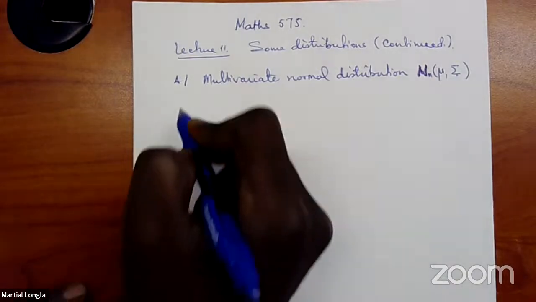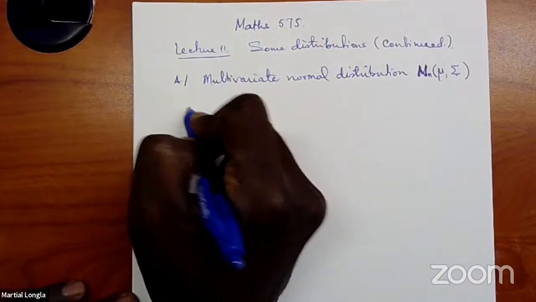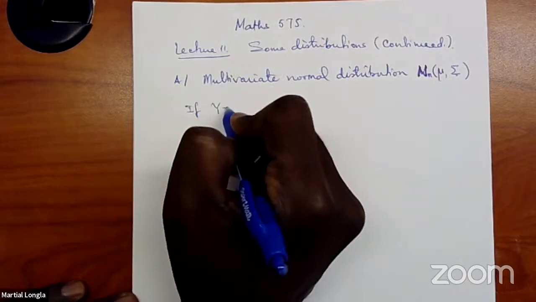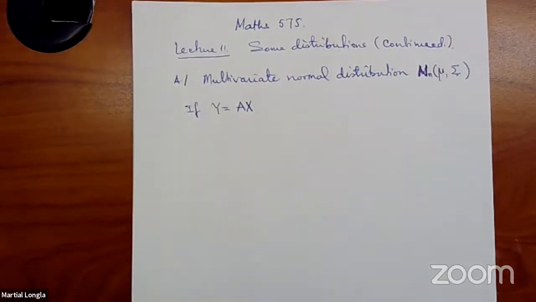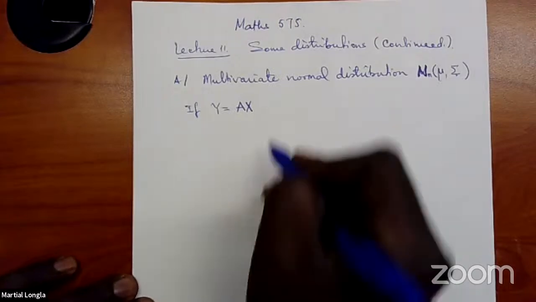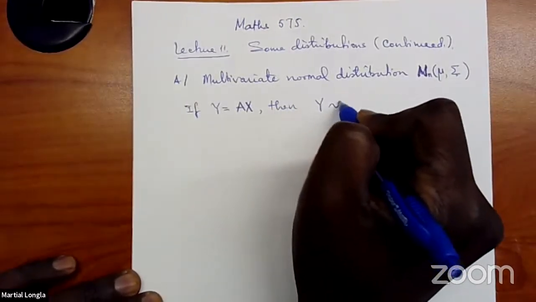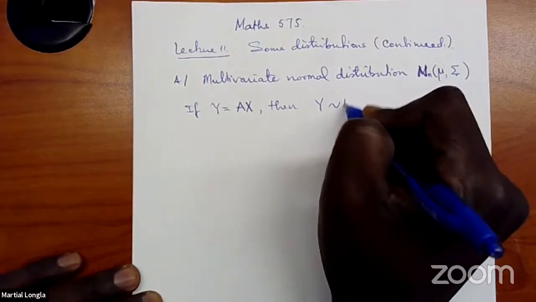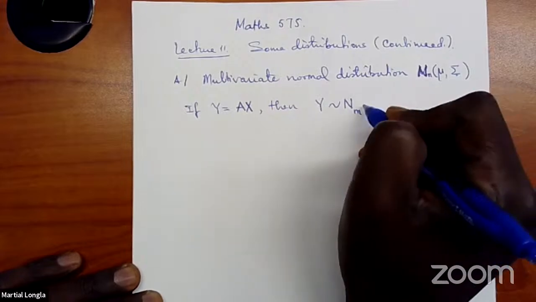And there was this theorem that if y is equal to A times x plus b, then y follows a normal distribution.